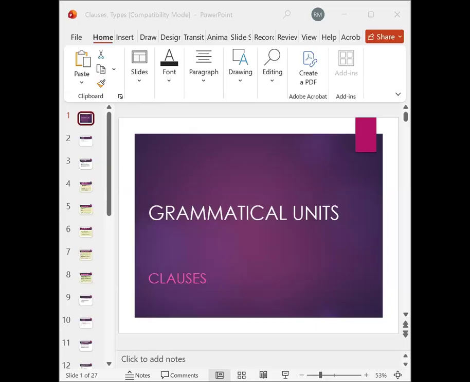Madam, yes, we did verb phrases and adjectival phrases. Adjectival phrase. Okay.